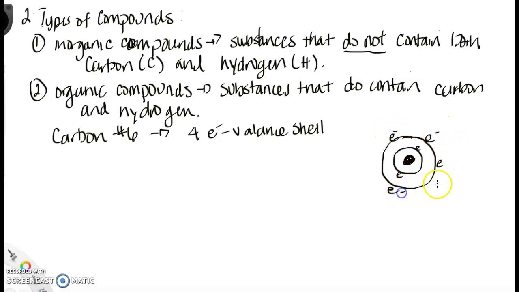So does carbon want to give away all these electrons? Probably not. Can it really find 4 electrons to take to complete its 8 in its outer shell? Probably not.